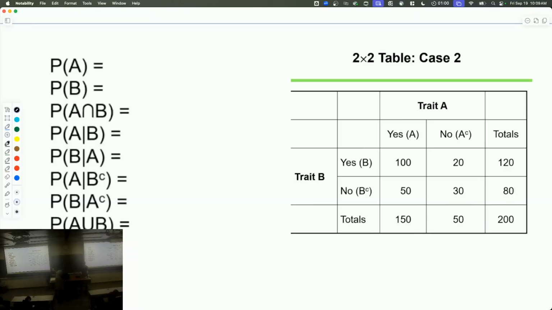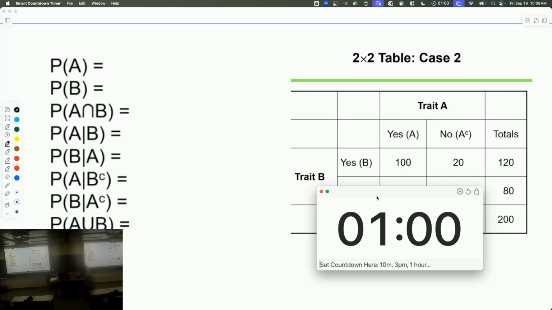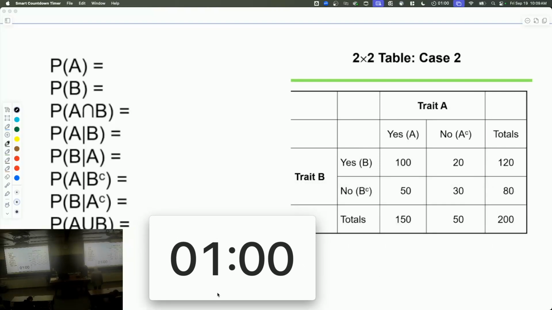How many seconds did you want to give me? 73. Okay. Presumably that was about 30 seconds ago. That's about, yeah. Let's count it down.